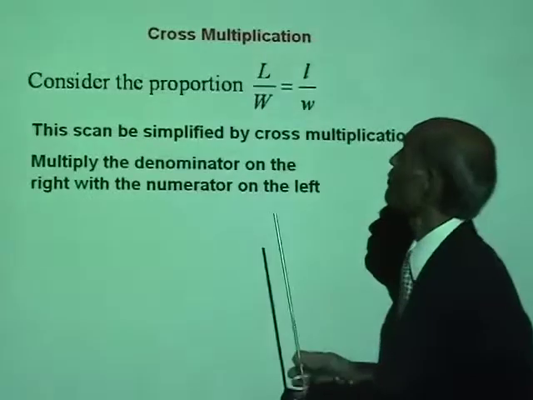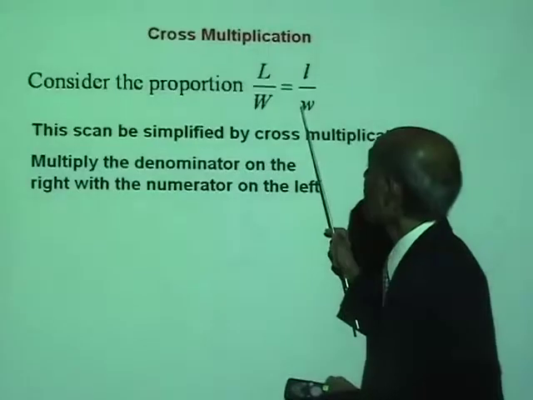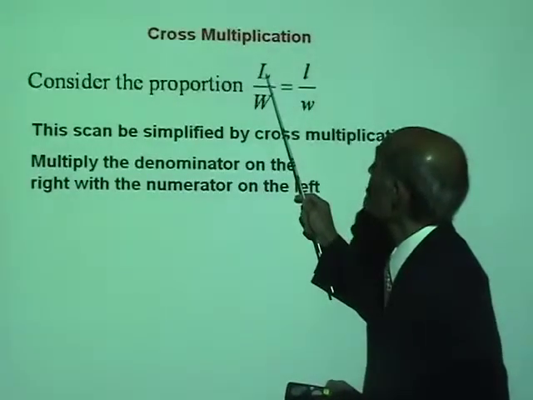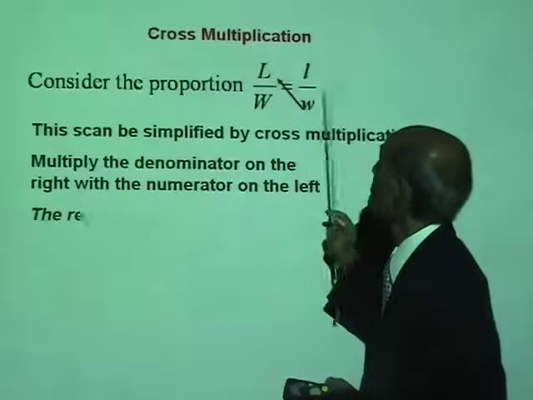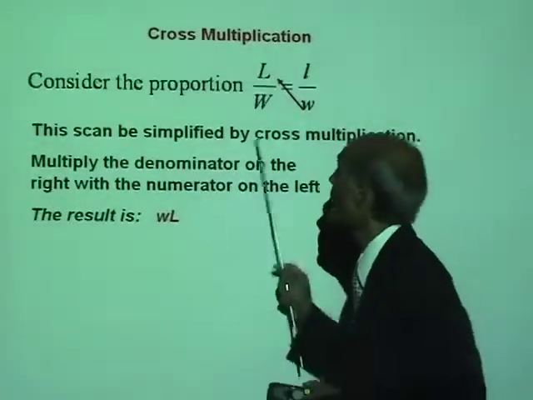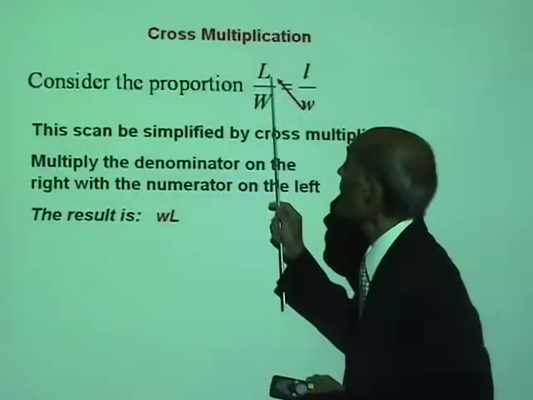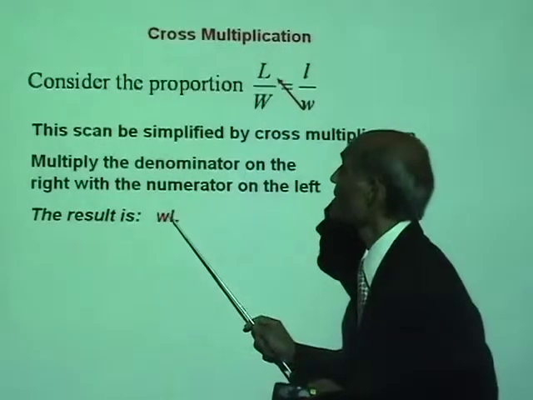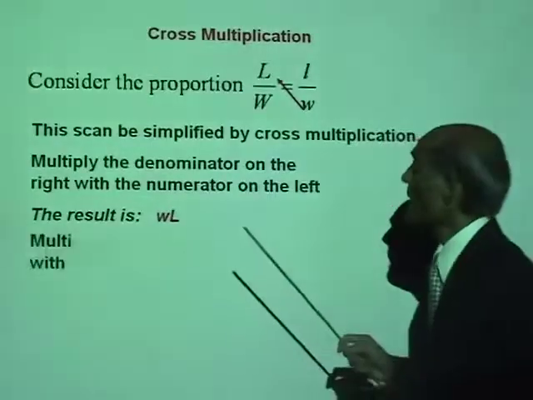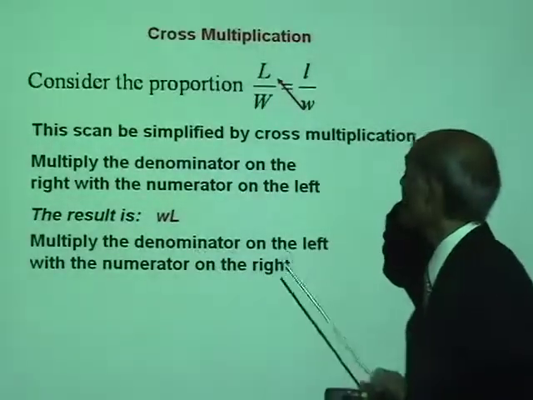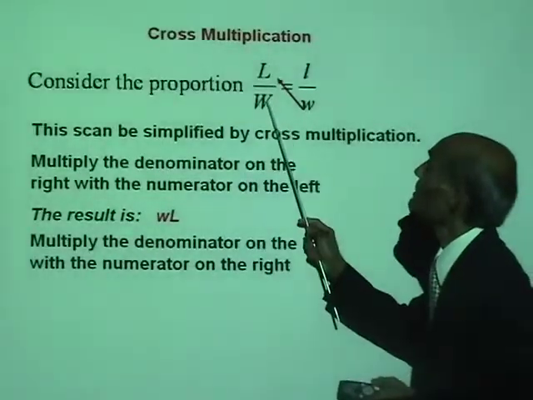What is the process of cross multiplication? Multiply the denominator on the right with the numerator on the left. You see, the lowercase w multiplied by the uppercase L. That will be lowercase w times uppercase L. And multiply the denominator on the left with the numerator on the right.